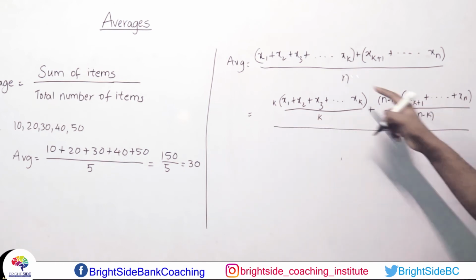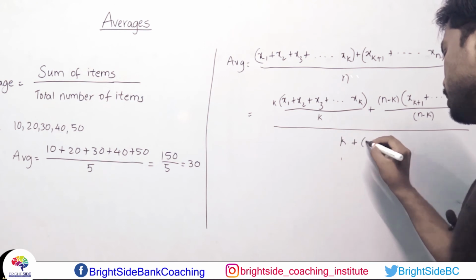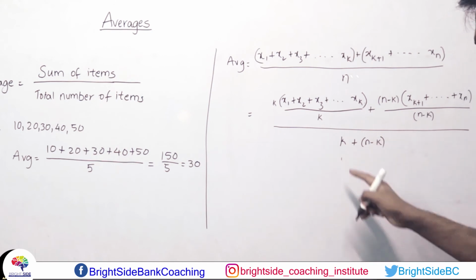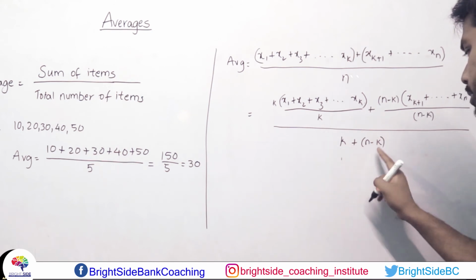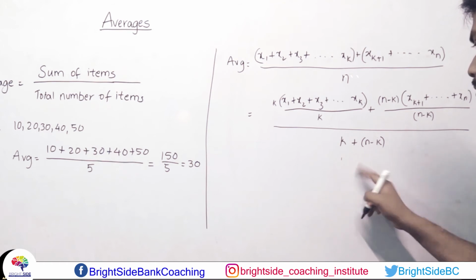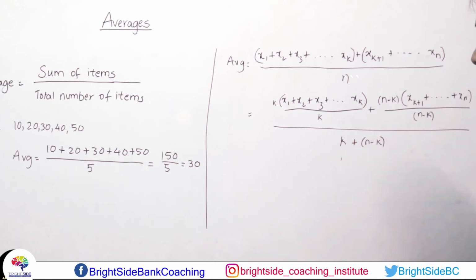By this, n will be there, right? So this n can be written as k plus n minus k. If you simplify this, plus k minus k will cancel out and you will be left with n again. So this can be written like this.